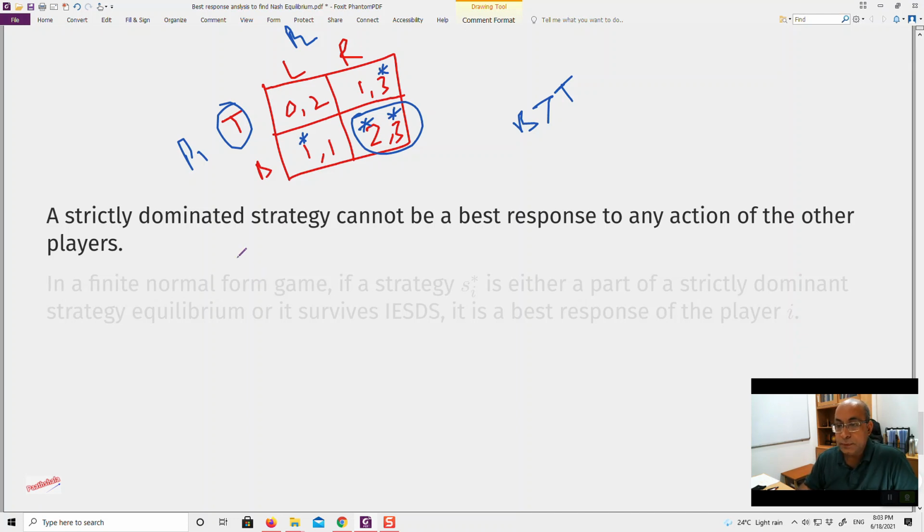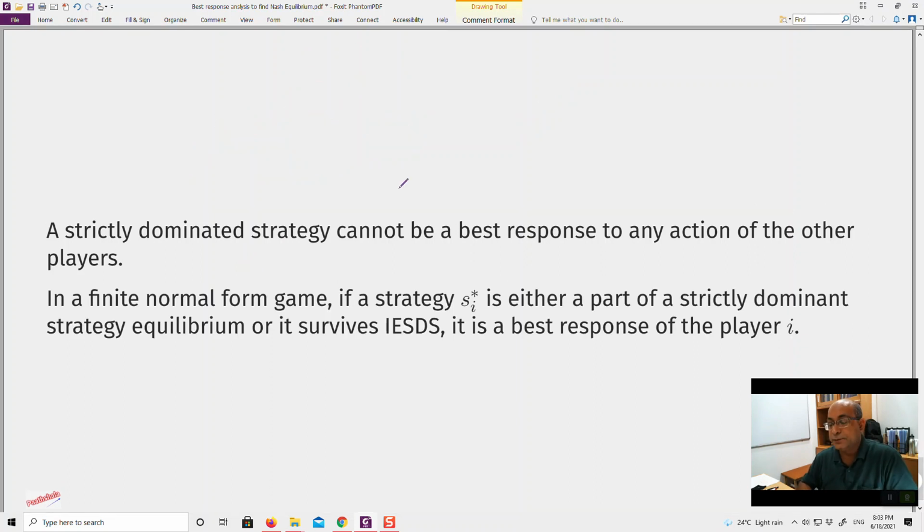Here the action profile that is Nash equilibrium, a mutual best response, is BR. Okay. Now from this we can actually go to another implication also. If we have a finite normal form game, and there is any particular strategy for player i, that is s_i star, that is either a strictly dominant strategy equilibrium, or is surviving IESDS, this will be a best response for player i.